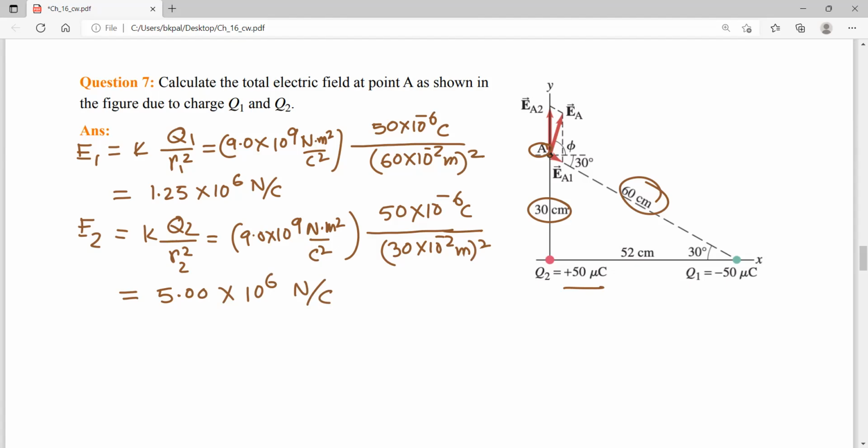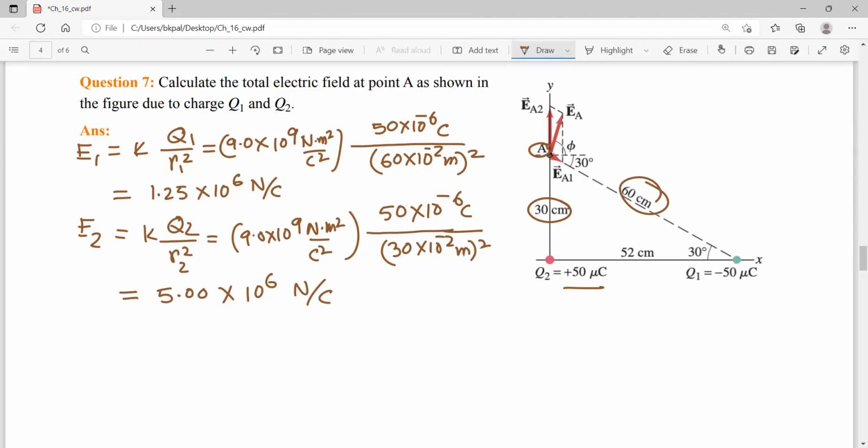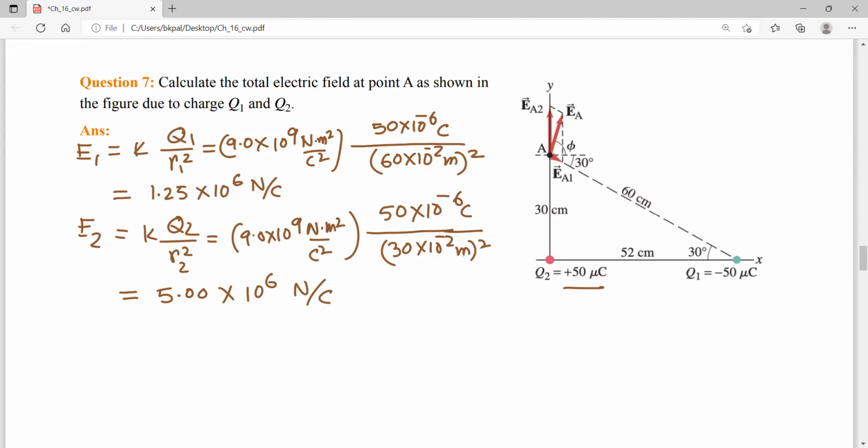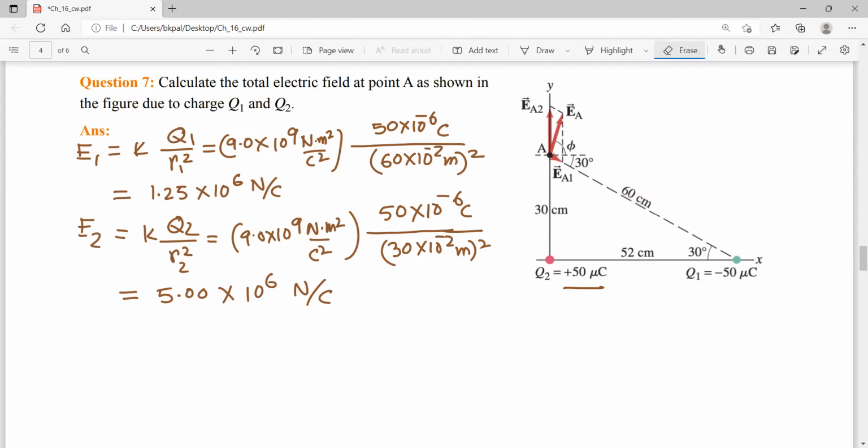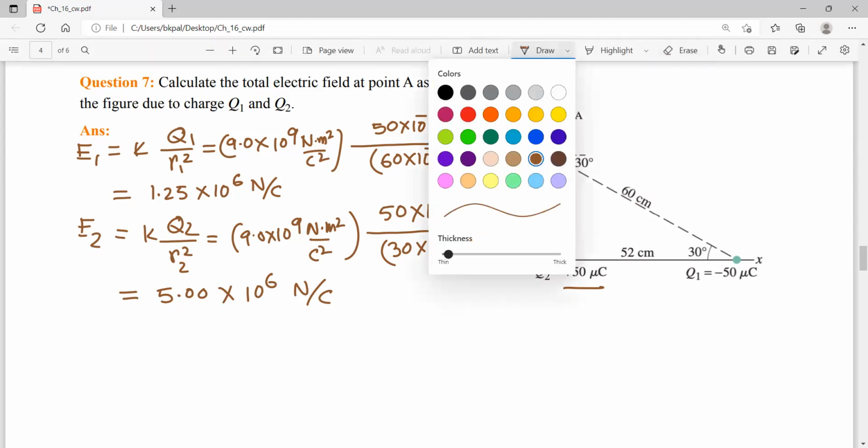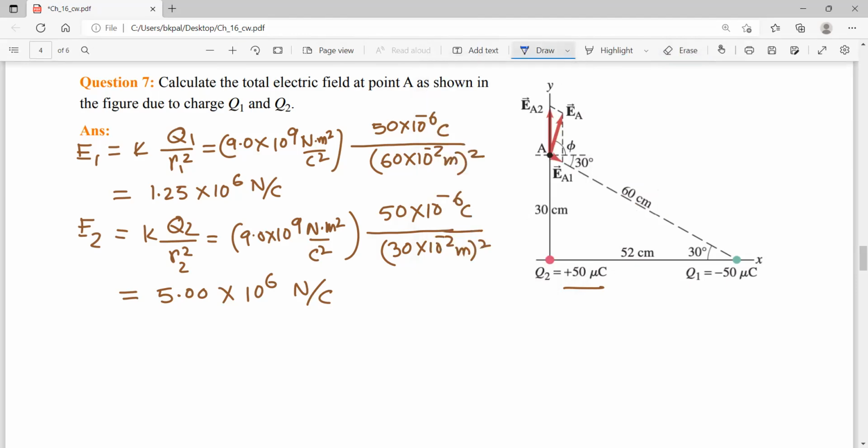Now we have to determine the direction. To understand the direction, again, we can place a positive test charge Q0 here at point A and see how it moves for individual charges. Q1 is negative and Q0 is positive.